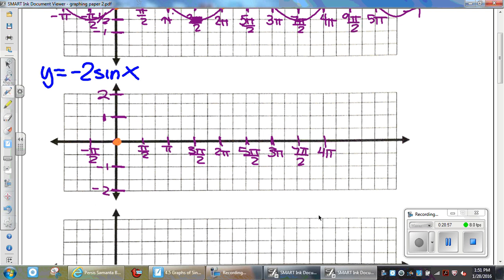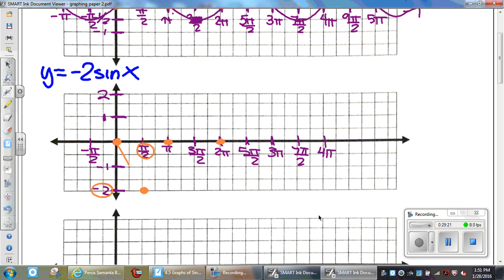So one at 0, one at 2 pi, and one right in between, which will be pi. And then remember our next point, the one right in between the first 2 intercepts, was the minimum point, and that was here. It happened at pi over 2, but the minimum value was -2.